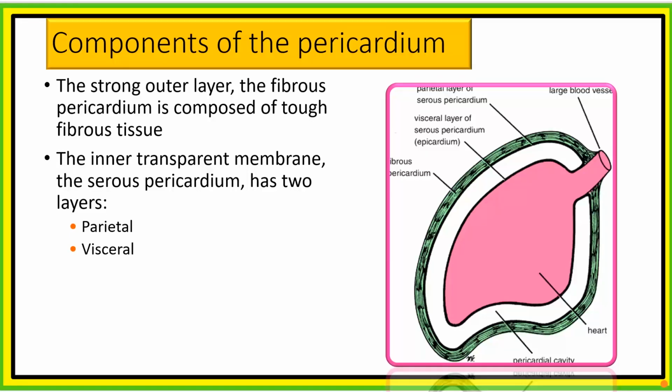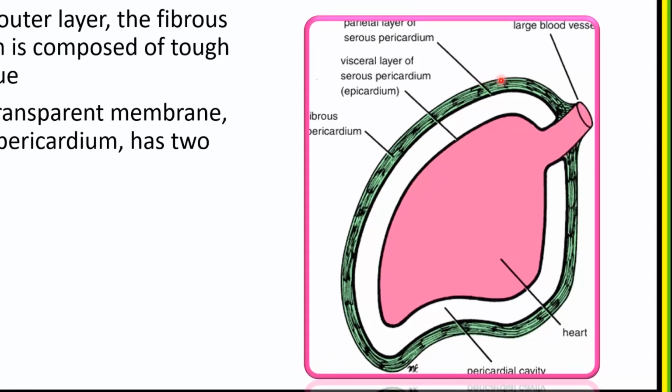In this illustration, we can see the fibrous layer as my light runs across it, and then we'll be seeing the two inner double-layered serous membrane. Now the outer part is called the parietal layer of serous pericardium, and here we're seeing the visceral layer of the serous pericardium.